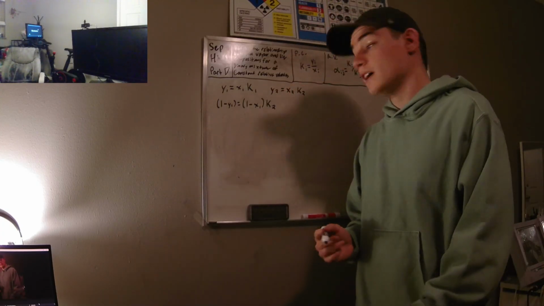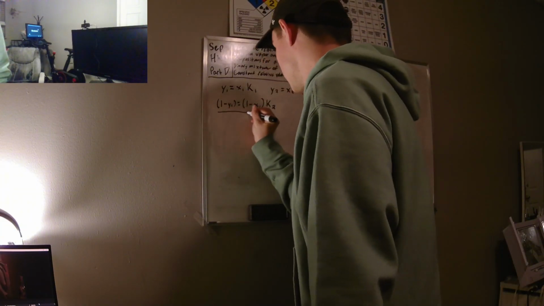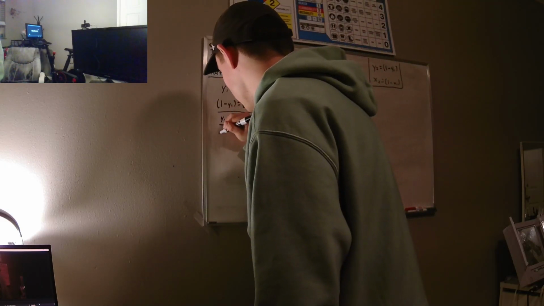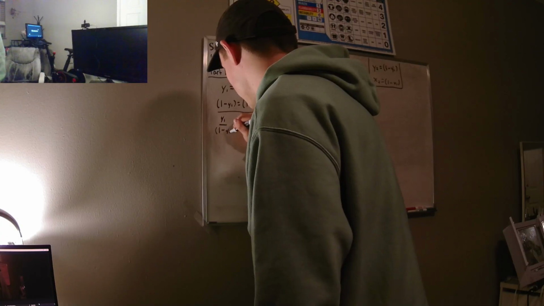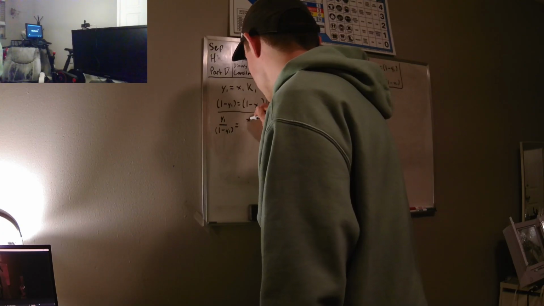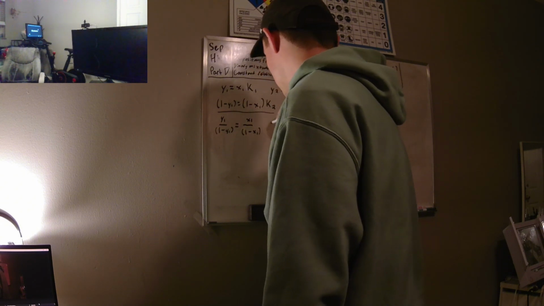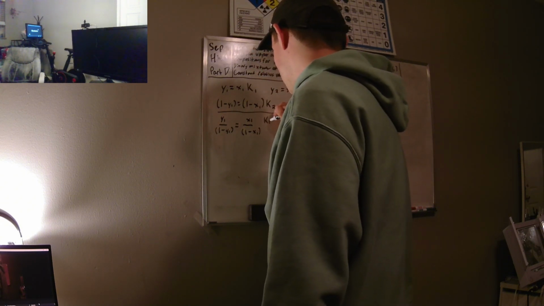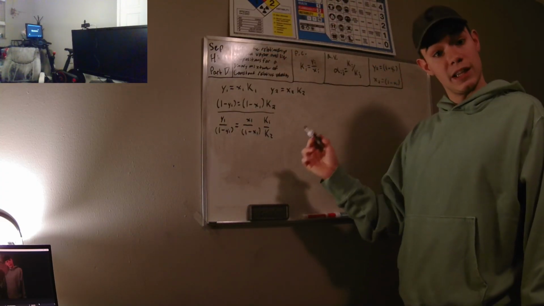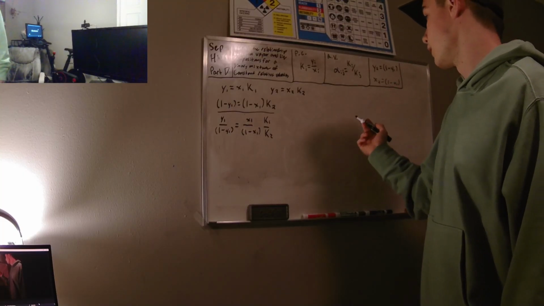Now, if we divide these two expressions by each other, we get the total expression y1 over 1 minus y1 equals x1 over 1 minus x1 times K1 over K2.